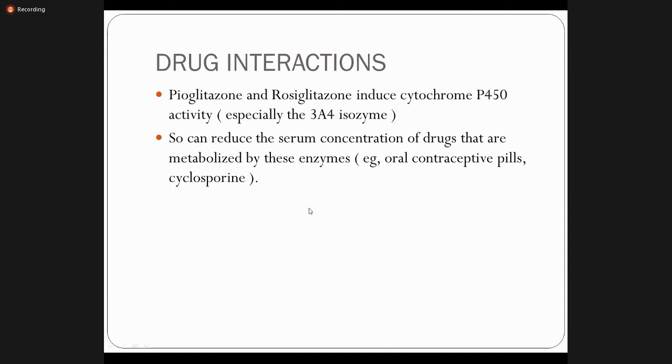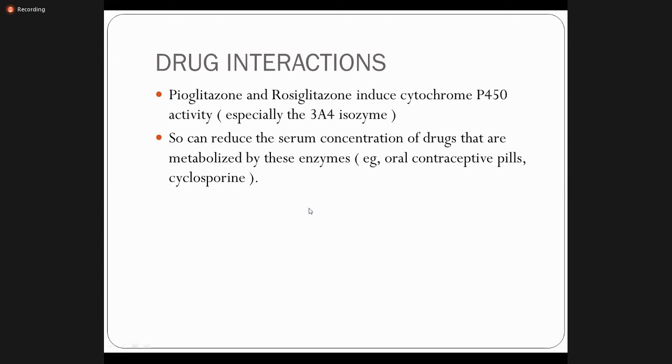Generally most of the drugs are metabolized with the help of the P450 enzyme family, which are located in the liver, right? So some drugs can induce P450 enzymes. So the drugs which are metabolized by these enzymes, the metabolism will be faster. So the level of that drug will be reduced due to early elimination, due to induction or stimulation of drug metabolizing enzymes.